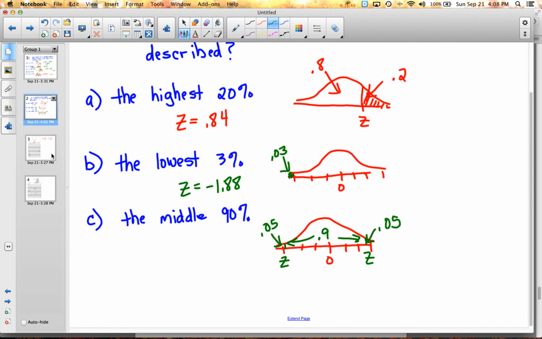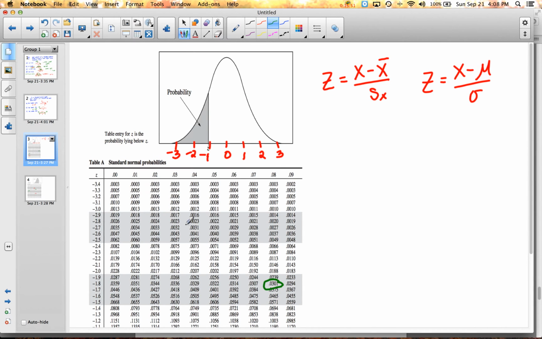Let's look up negative 0.05, or I'm sorry, just 0.05. So if I look up 0.05, the closest I can come to that, actually this one's split right in between. So because of that, I'm going to go ahead and split that difference, negative 1.645.